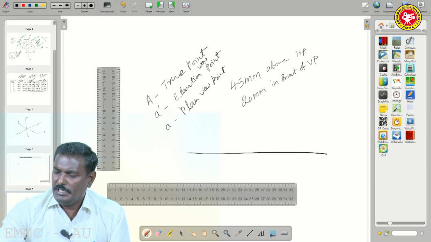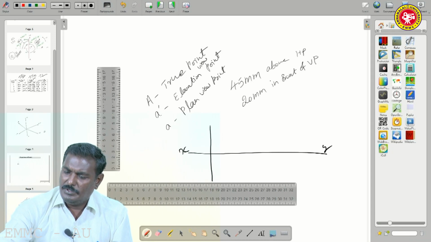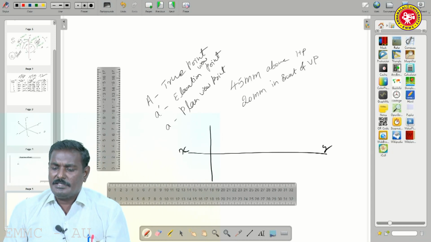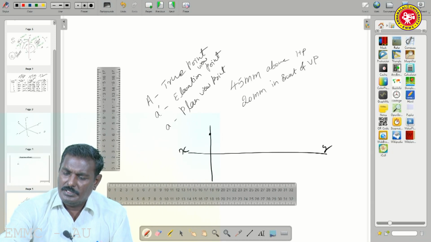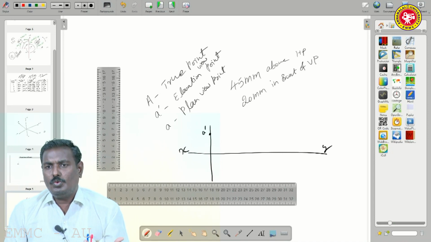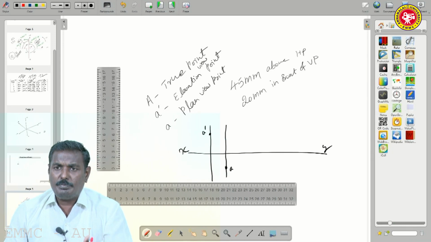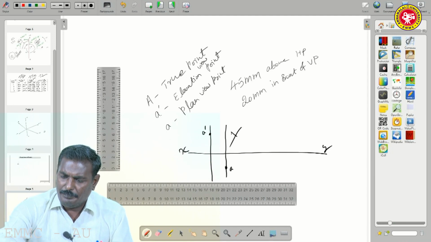If you draw the XY line as the reference line, with the projector and the elevation, and then draw another projector here to mention the plan view, this is wrong.